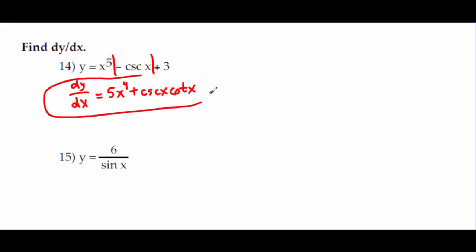The derivative of cosecant x is cosecant x cotangent x with a negative in front. So since it's a negative and our derivative is a negative, this is going to change to plus cosecant x cotangent x. The derivative of 3 is 0, so it goes away, and here's my answer.